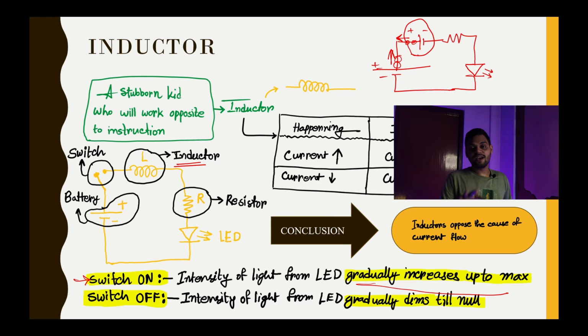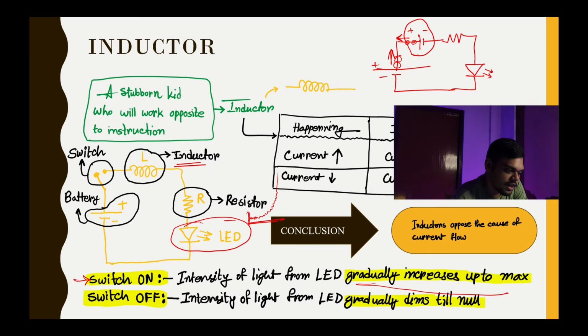So let's suppose we have an LED in this circuit. It will glow with a dim intensity, and after some time it will glow up to max intensity.